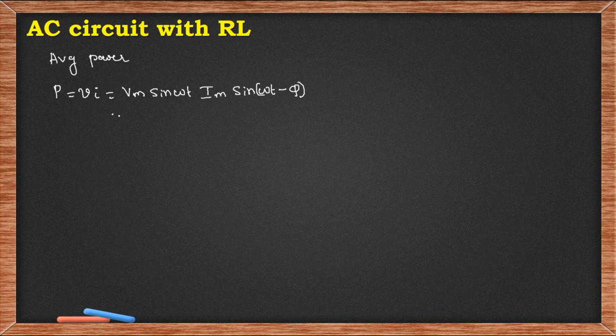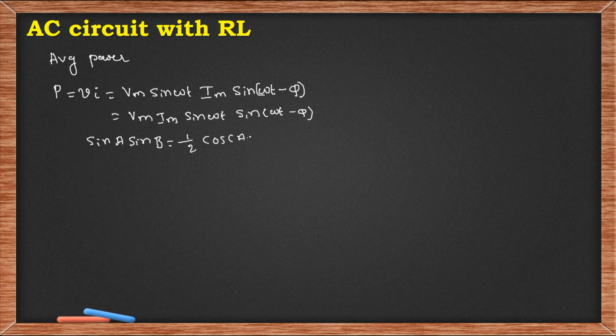This is equal to Vm Im sine omega t into sine omega t minus pi. From the trigonometric product formula, sine A into sine B is equal to 1 by 2 cos A minus B minus cos A plus B, the whole bracket.